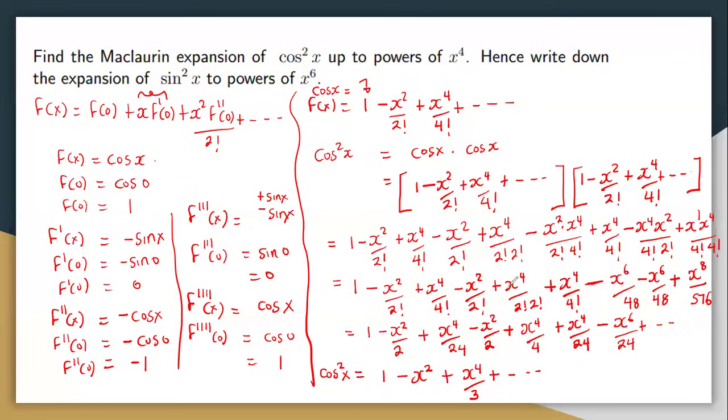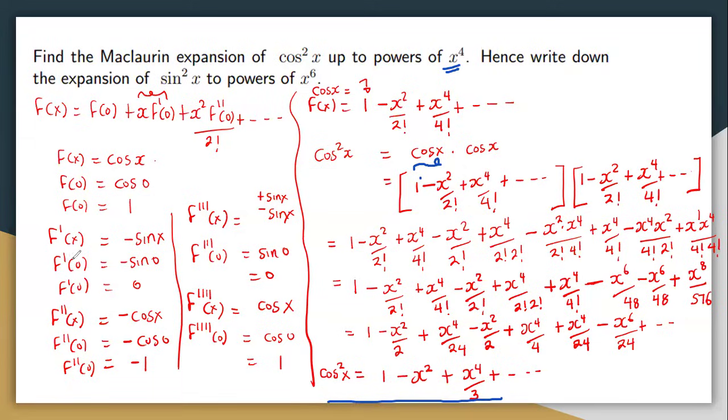Though here, when you check, you notice this is what we are getting, up to x power 4 for the first one. So we end here for cos squared x. Is that okay? Yes.